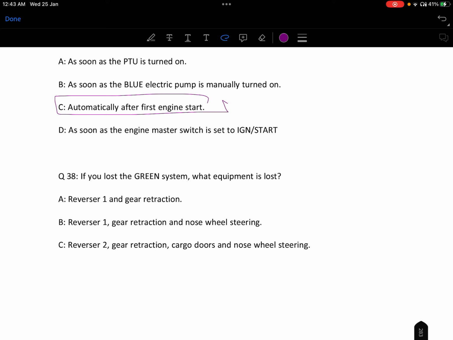37. During engine startup, when the blue hydraulic system pressurizes, again the same question, automatically after first engine start. 38. If you lose the green system, what equipment is lost? Nice. This is something you need to remember. Let's say we are talking about green system. So green system is to the left side.